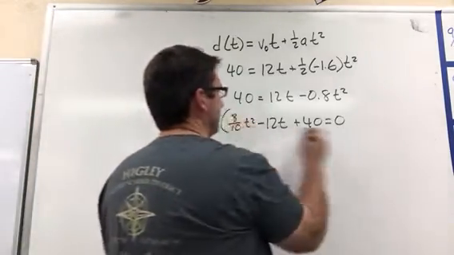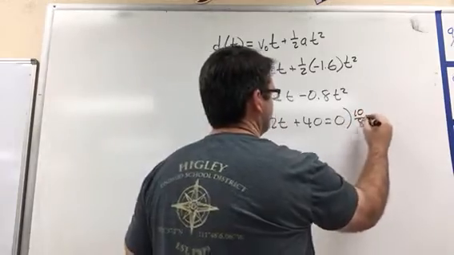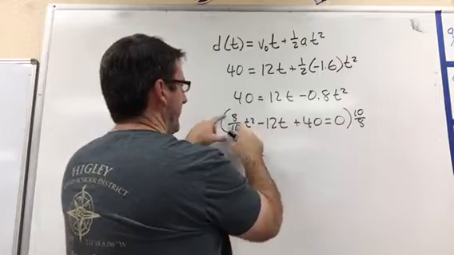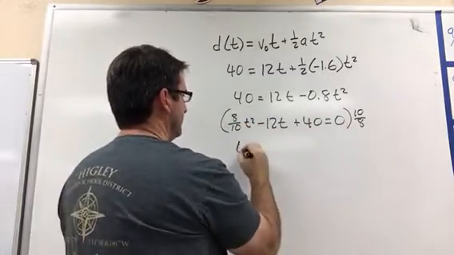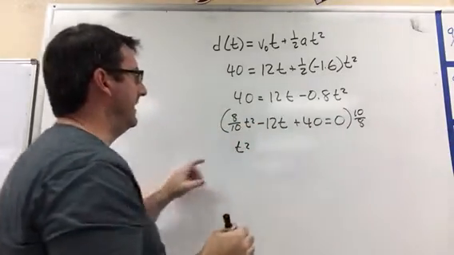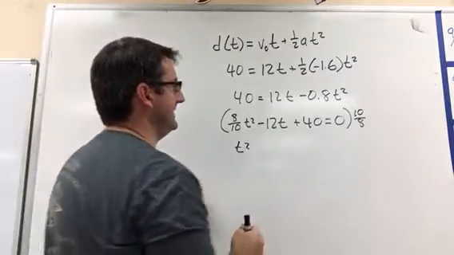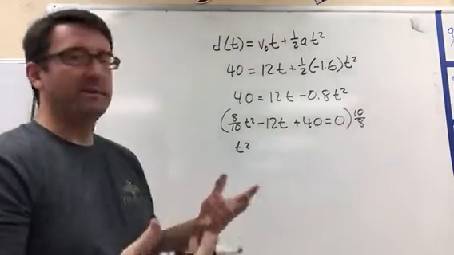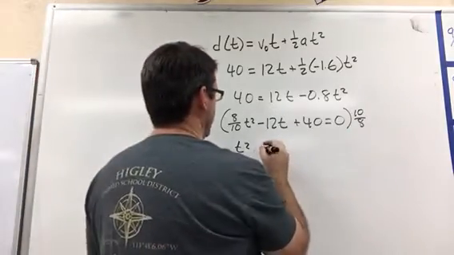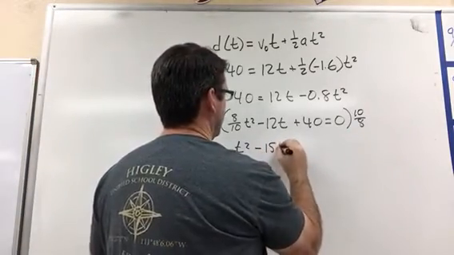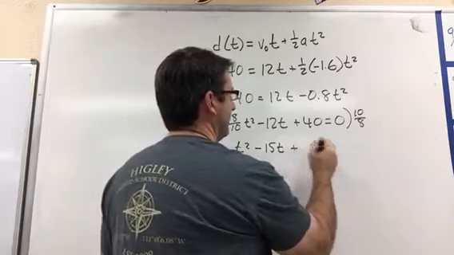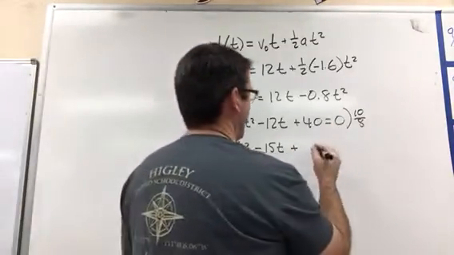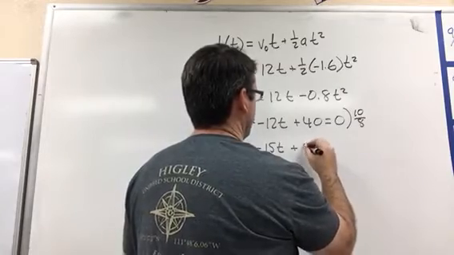So if we multiply this whole thing by 10/8, then this term, 8/10 times 10/8, is just 1, so this is t squared. Minus 12t, so 12 times 10 is 120, divided by 8 is 15t, plus 40 times 10 is 400, divided by 8 is going to be 50.